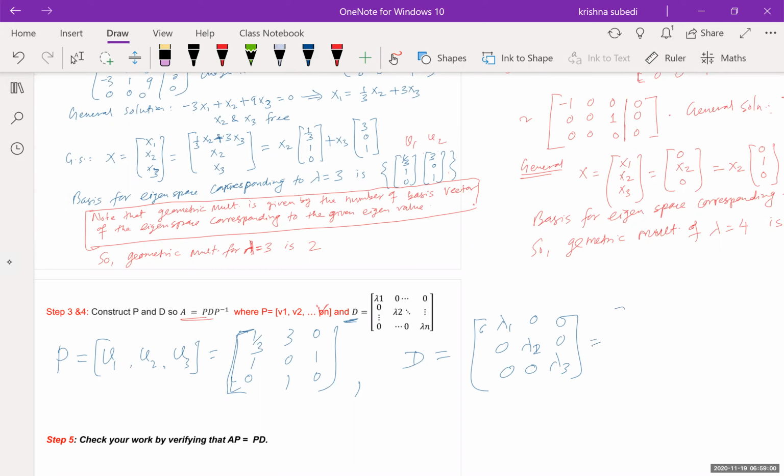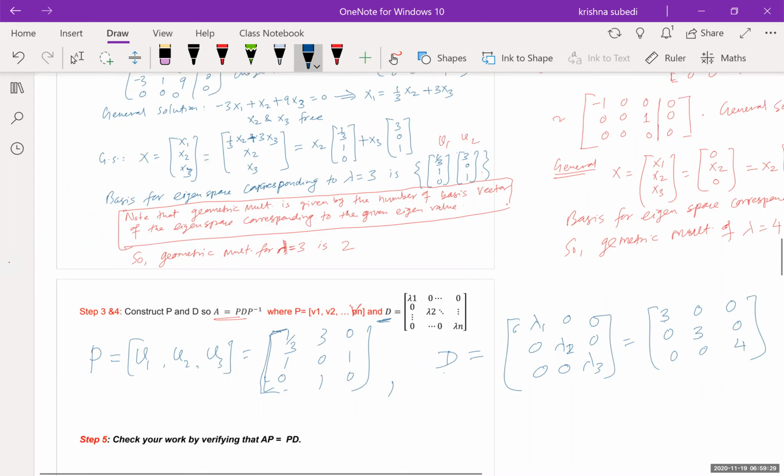Our first lambda is 3. Our second lambda is again 3, because there are 3 factors we saw in step 1. The 3 has 2 algebraic multiplicity, so you need to write 3 twice, and 4 has only 1 multiplicity. So this one is P, this one is D.